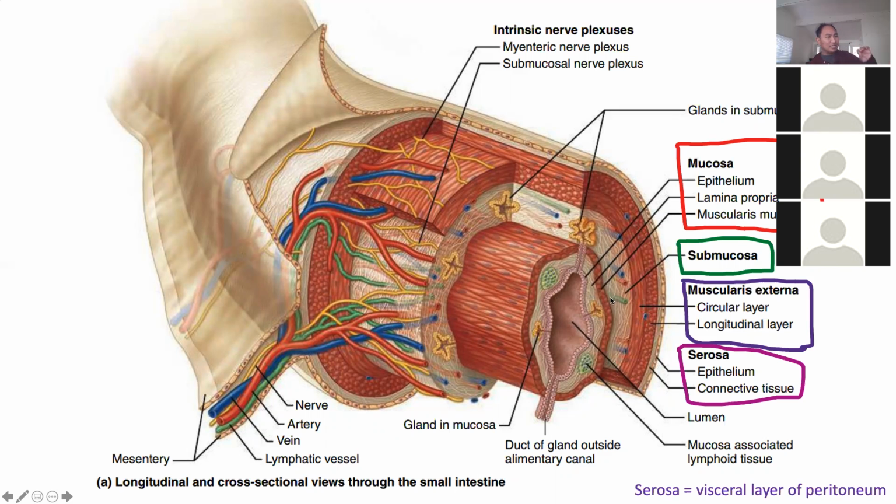Submucosa in the intestine is a really thick structure, and therefore we have to appreciate it. So instead of 3, we try to remember 4 in the gastrointestinal tract: mucosa, submucosa, muscularis externa, and the serosa layer.